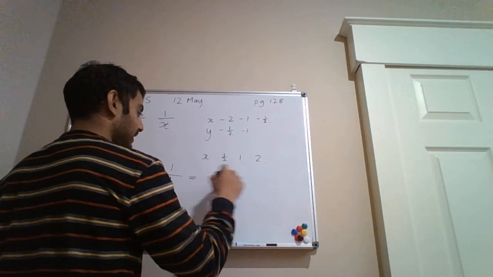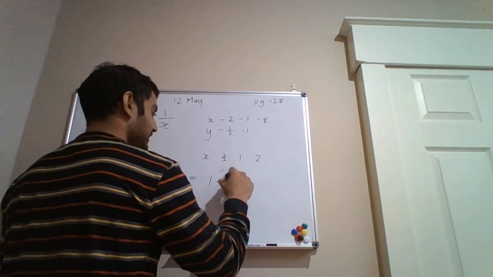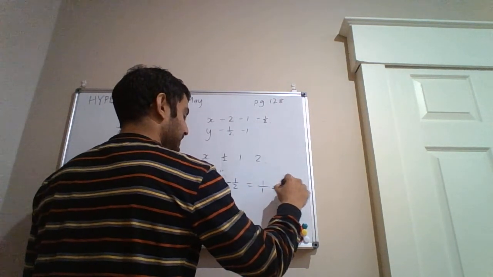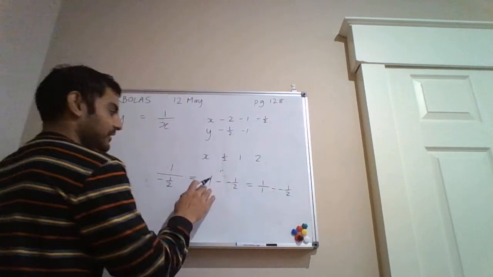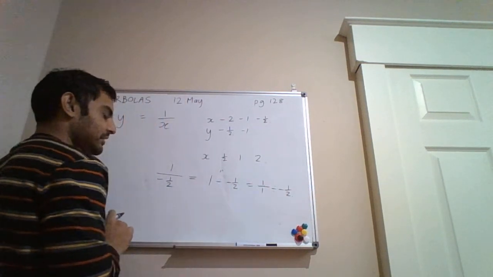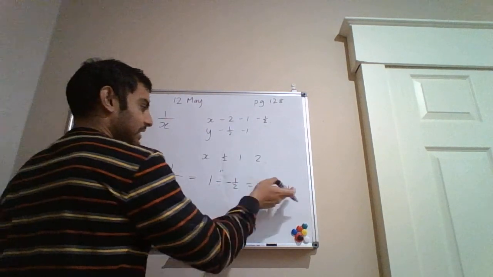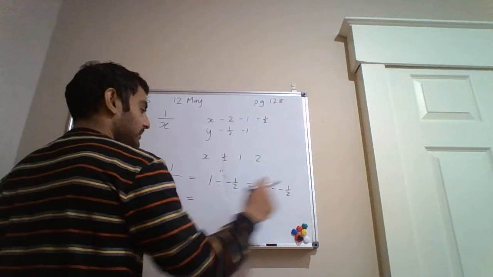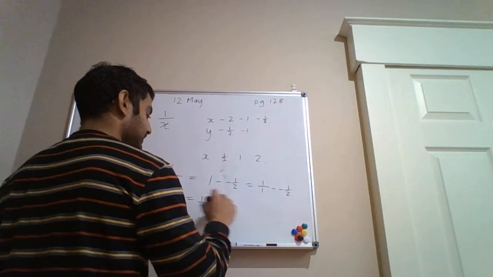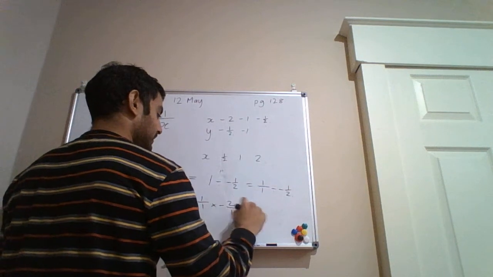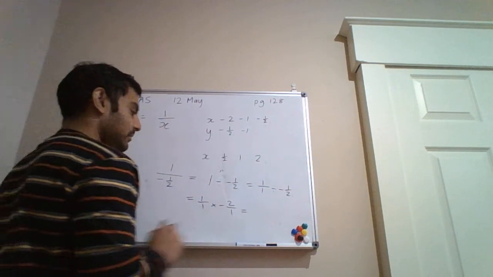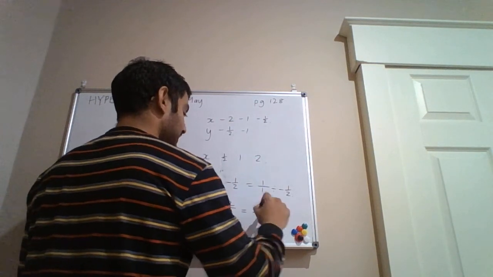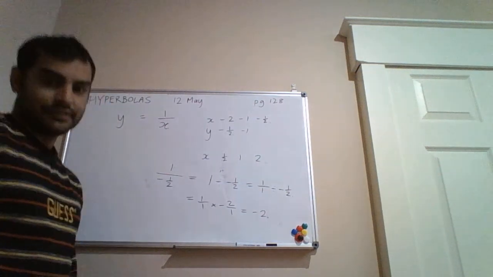We do 1 divided by -1/2, which is 1 over 1 divided by -1/2, so I've converted it from a whole number to a fraction. Now we can use our rule, tip and times, fraction divided by fraction: we tip the second one and we times it. We times the tops together, 1 times 2 is 2, times the bottoms together, 1 times 1 is 1, and our sign is negative, so overall we get -2.